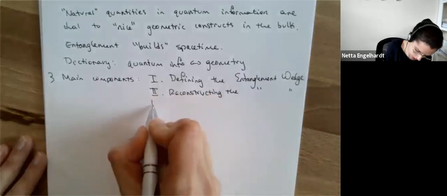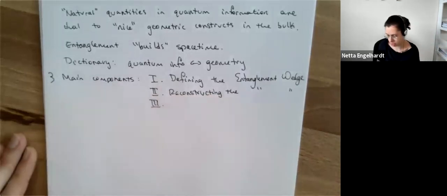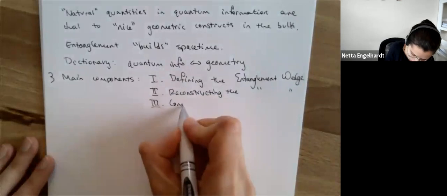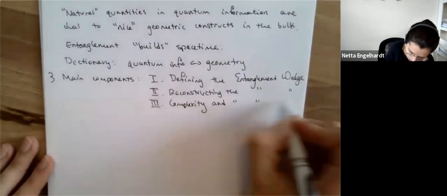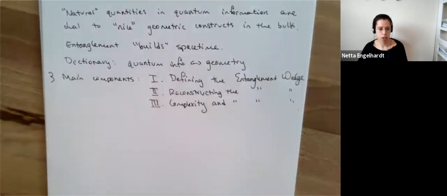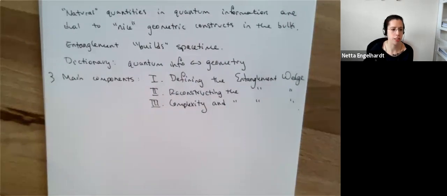And the third, which hopefully we'll get to, but I can't make any promises, is complexity and the entanglement wedge. So these are the three main components. Again, we'll start with the definition of the entanglement wedge. As you can see, it's really the key player here.